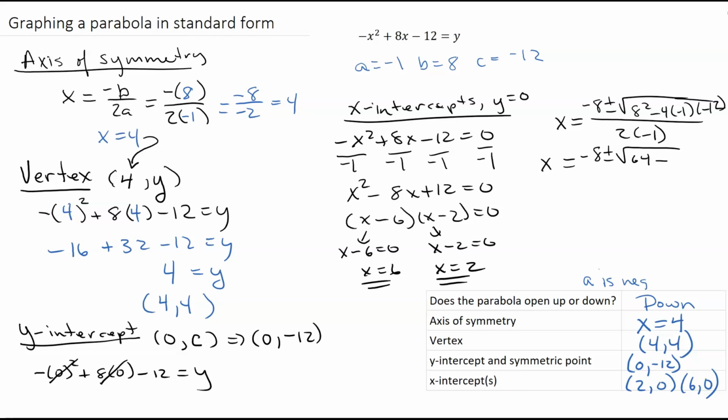So I'm going to go ahead and simplify and work that through. And when I do and get that simplified, I'll get -8 plus or minus the square root of 4 over -2. And if I work out those two solutions, I will get the same values I got before. So that's just an alternative to factoring.